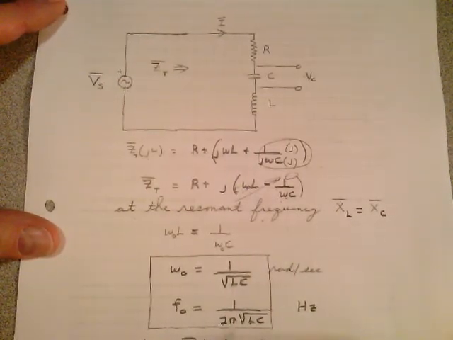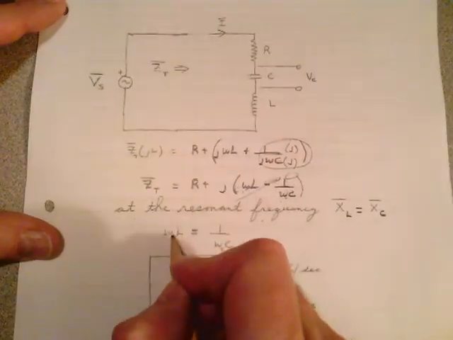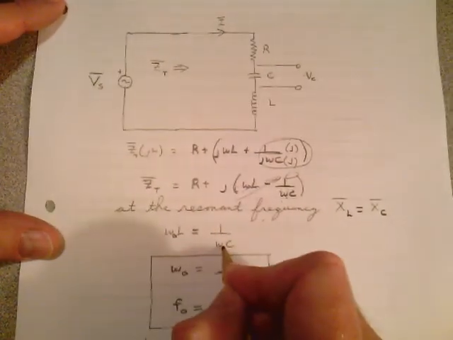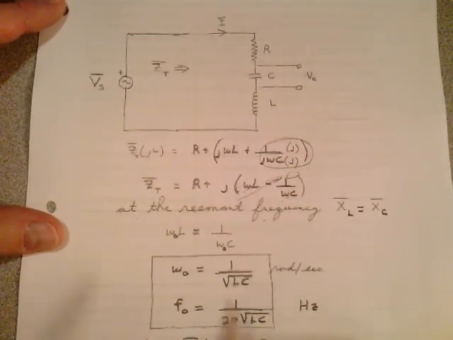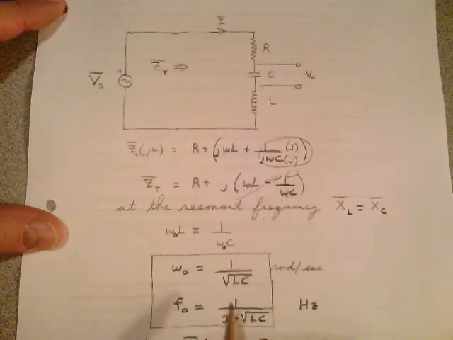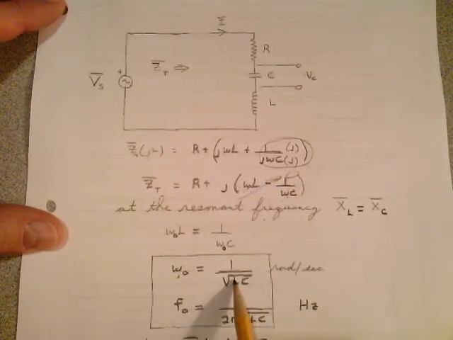Well, you can set the two equations equal to one another, and we're just going to call that frequency omega 0, the resonant frequency. I set these equal to one another and I solve that, you can see that the frequency at which that happens is 1 over the square root of LC. Very important formula.